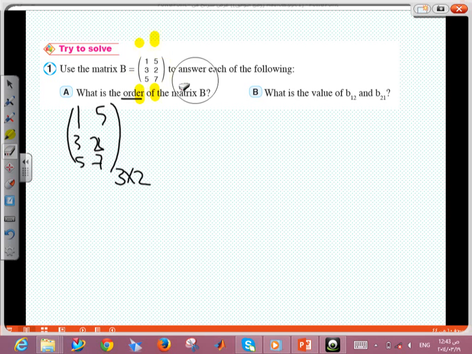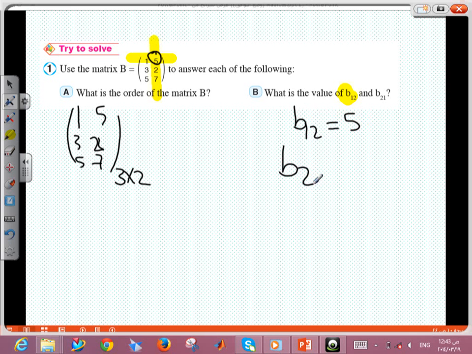P12 means row 1 and column 2, then the element will be 5. Let's see, 5. So P12 equals 5. P21 means row 2, column 1, the element will be there, 2. Okay, that's good.